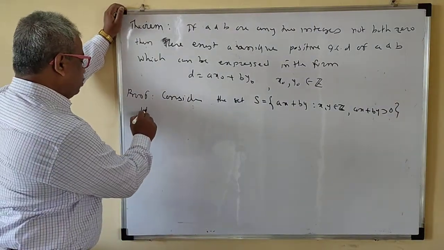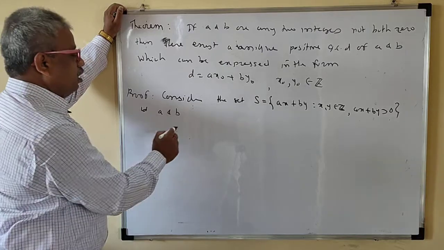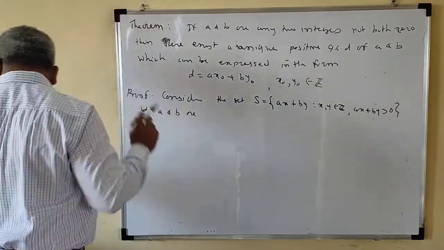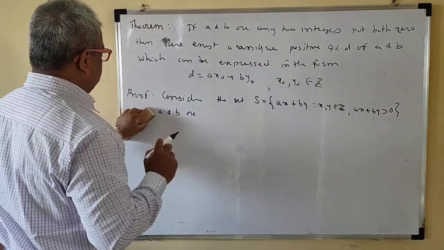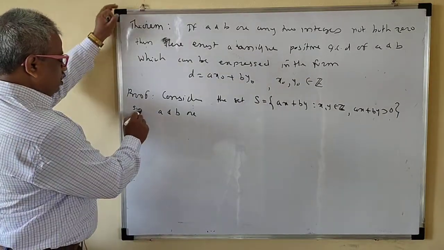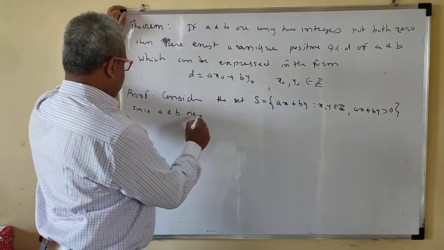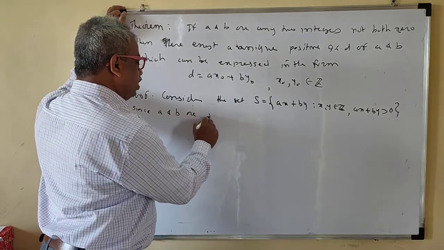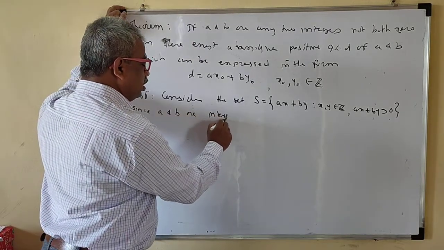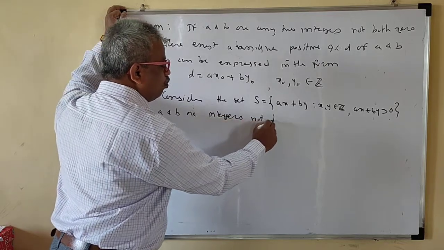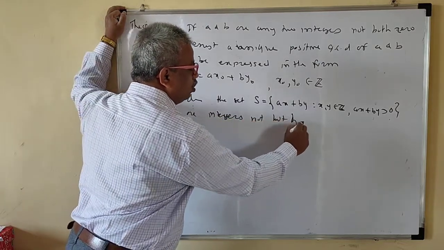Okay, since we have to prove this one, since A and B are integers, not both zero.